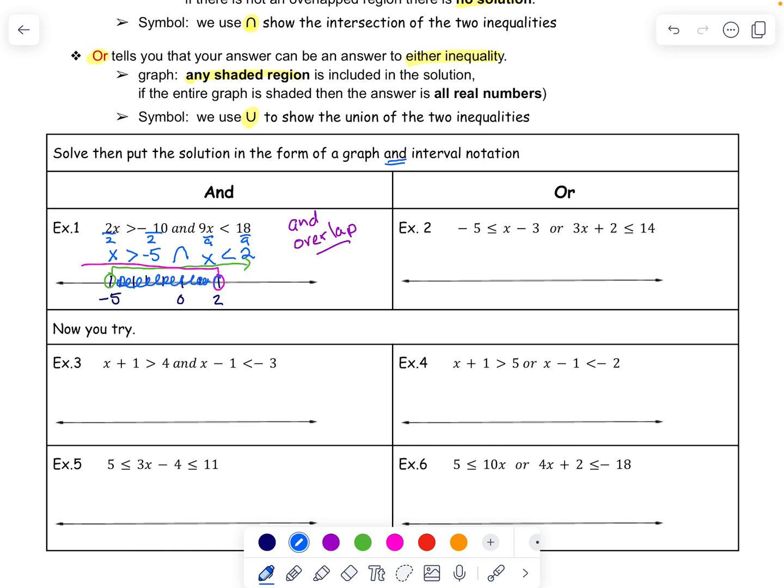So our graph will be in between. And our interval notation for that would be that we would start at negative 5 and we would go until 2, and we are not including the boundaries because we don't have an equal sign on the inequalities. Okay? All right, you guys can turn off the video and then try the next 2.